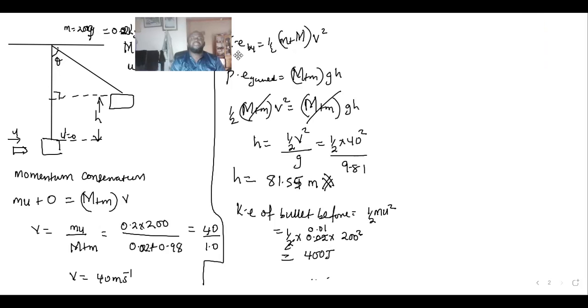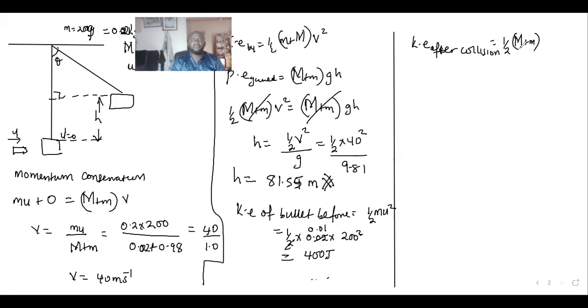If that is 400, then what is the energy after for the entire system when the two have collided? So the difference in that energy will account for the internal energy of the bullet. So kinetic energy after collision is equal to half (M plus m) times V squared, which is half times (0.98 plus 0.02) times the velocity squared.